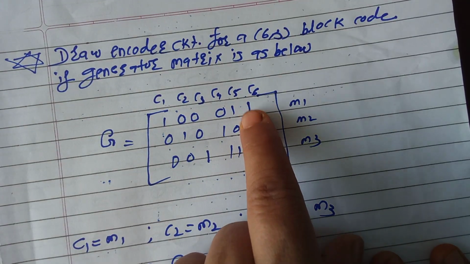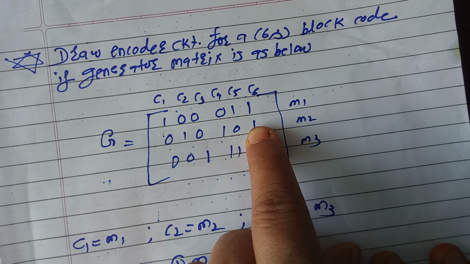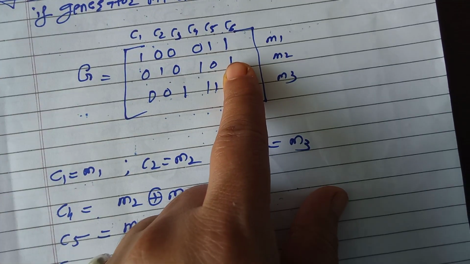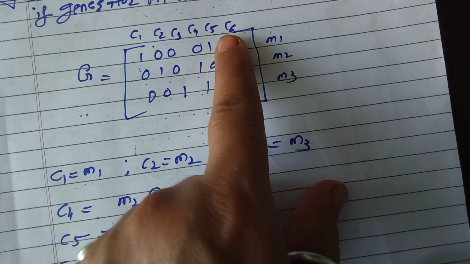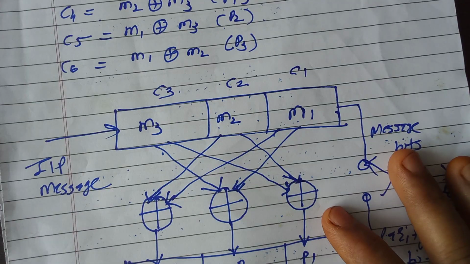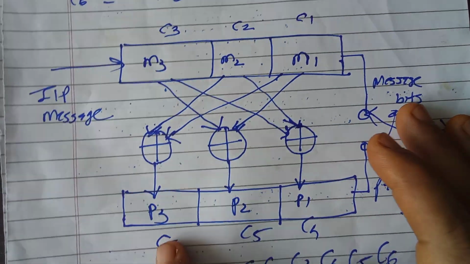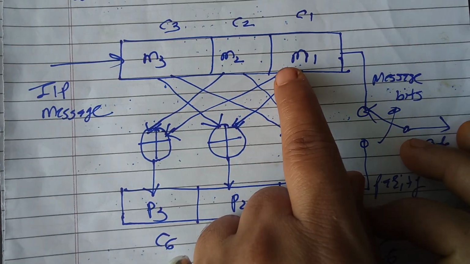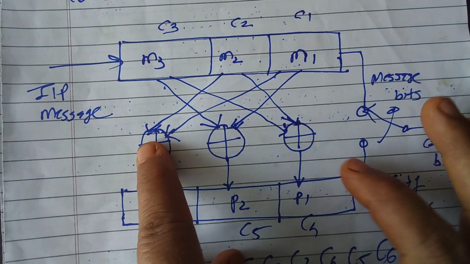C6 is M1 XOR M2. We are saying plus or XOR. C6 is P3, that is M1 plus M2.